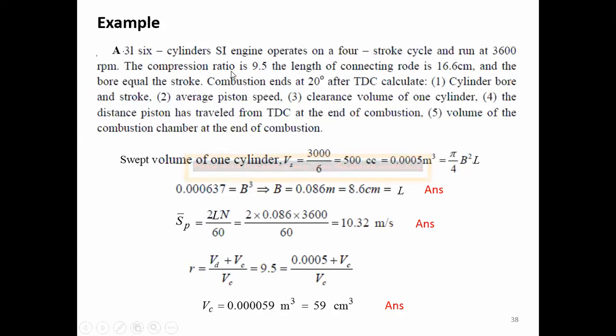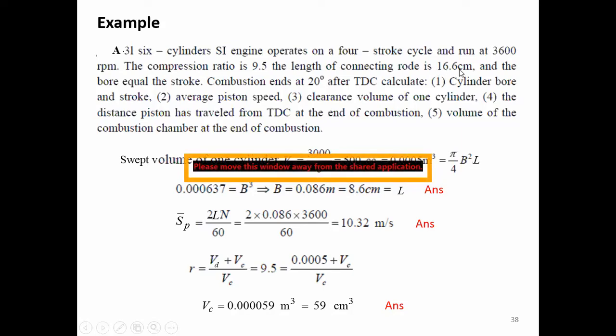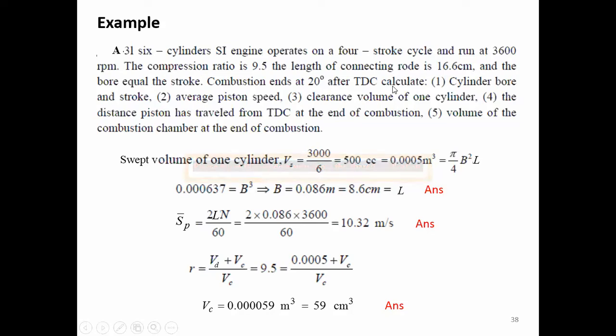The compression ratio is 9.5. The connecting rod length is 16.6 centimeter, and the bore equals the stroke, so it's a square engine. They give us that combustion ends at 20 degrees after top dead center, after the piston leaves the top dead center.